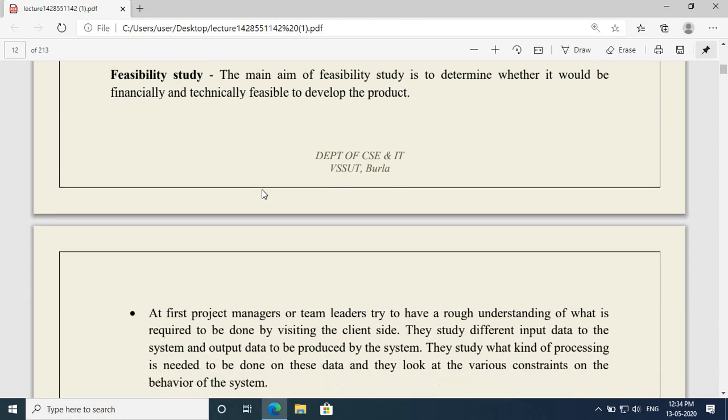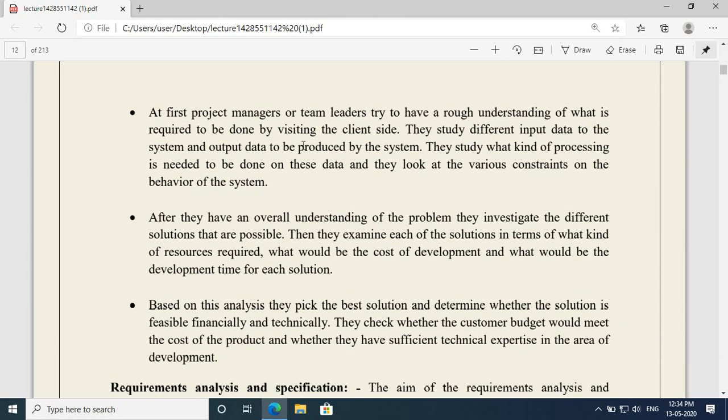At first, project managers or team leaders try to have a rough understanding of what is required to be done by visiting the client side. They study different input data to the system and output data to be produced by the system. They study what kind of processing is needed on this data, and they look at the various constraints on the behavior of the system.